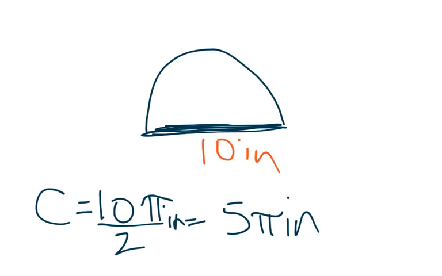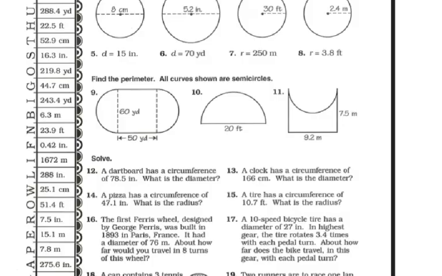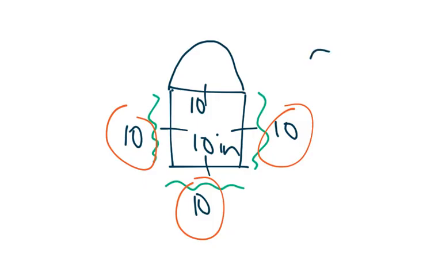And then we would add that to the 30, after we converted 5 pi into real numbers. So it would be 5 pi, convert that to real numbers. It'd be about 16 plus 30, so it would be approximately 46 inches around this shape.